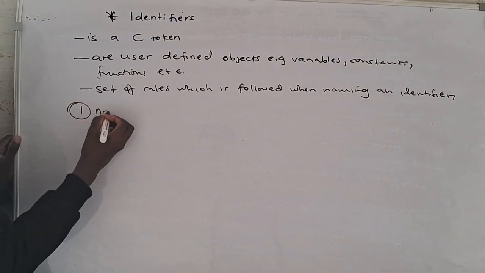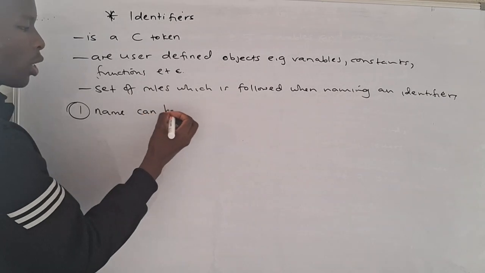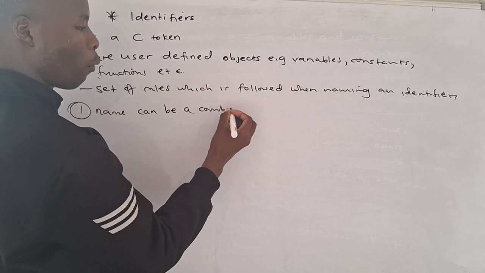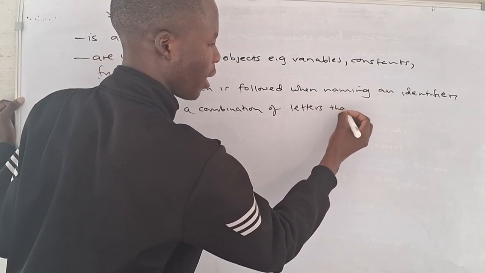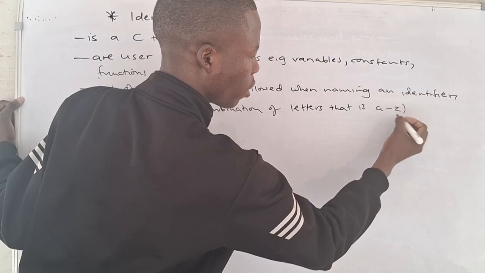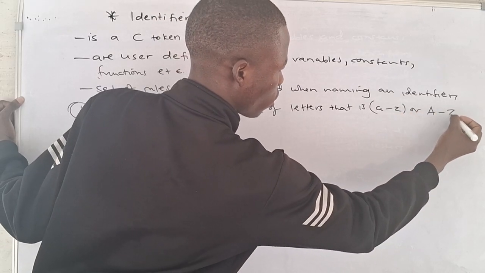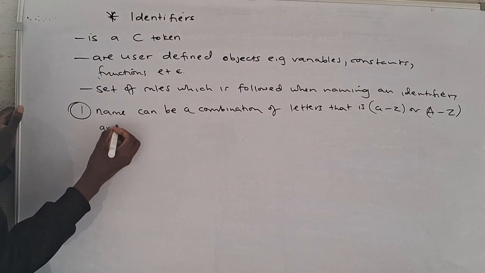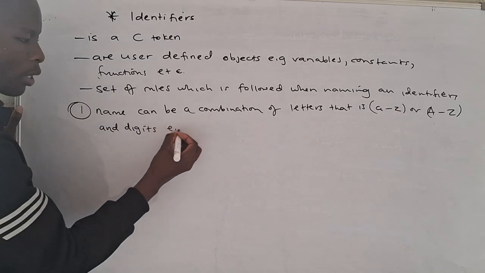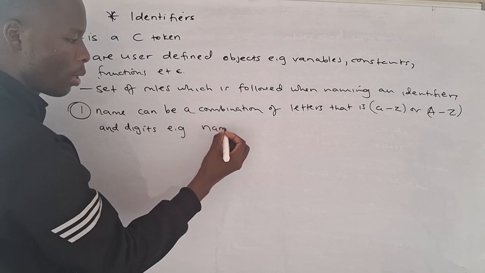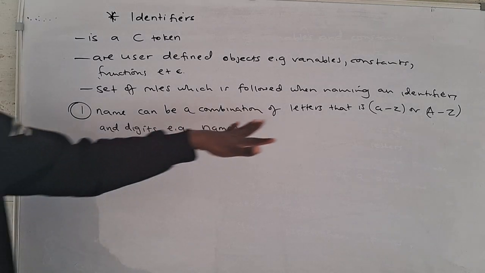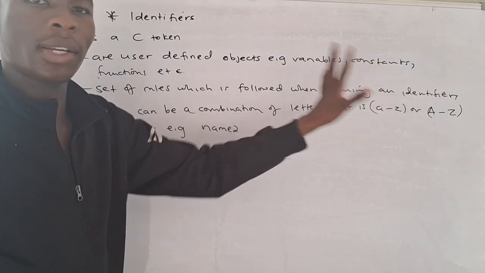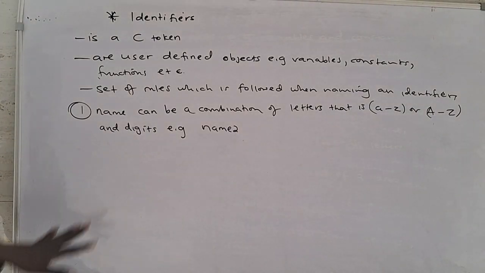The name can be a combination of letters, that is A to Z or a to z, and digits. For example, you can say name2. So you can name identifiers using a combination of letters. The letters can be small letters. You can also use capital letters and digits.